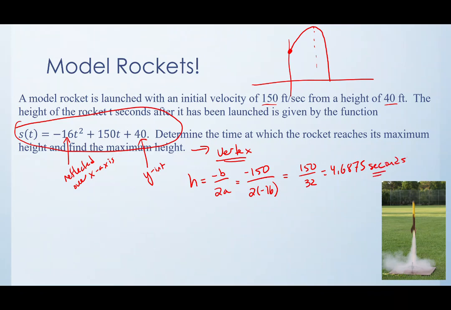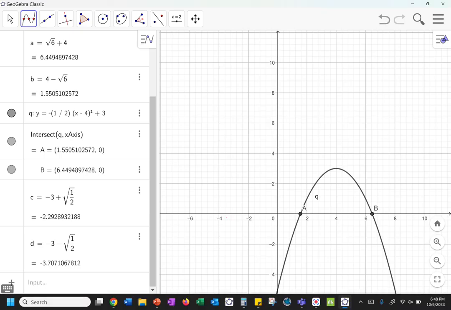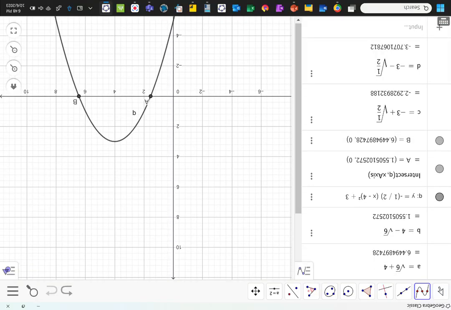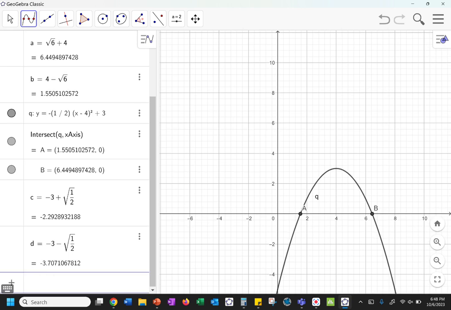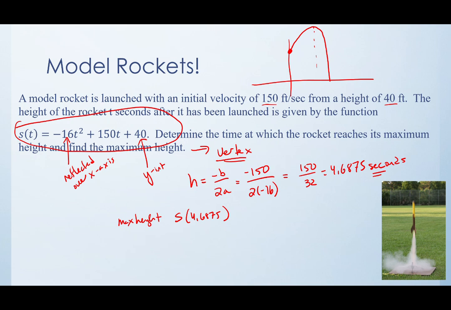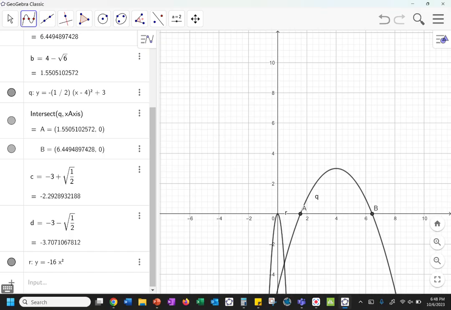It's a word problem, you need to have units on the answer, right? And then our max height will be whatever s of 4.6875 is, which I'm going to pull up GeoGebra and use because I don't want to plug in, right? So we've got y equals negative 16x squared plus 150x plus 40.